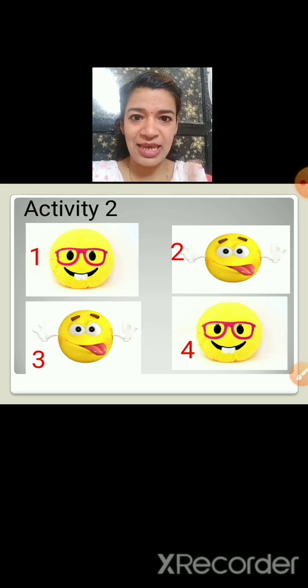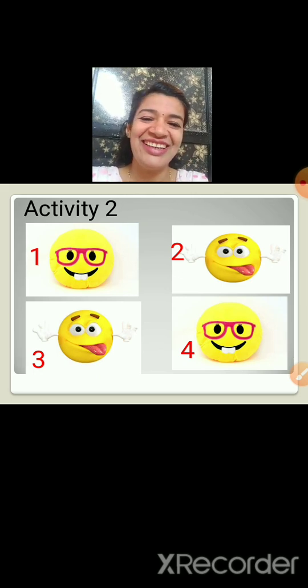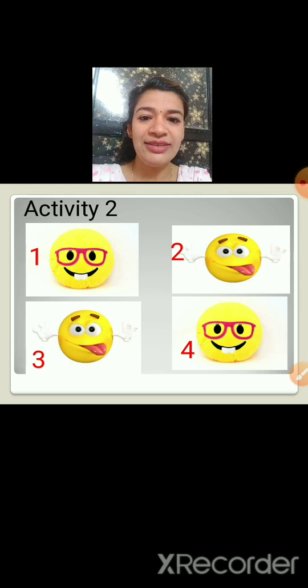If the faces are same, you have to shake your head. Okay, fine. Okay, now number 1 is the same as number 4. They both are same? Yes.